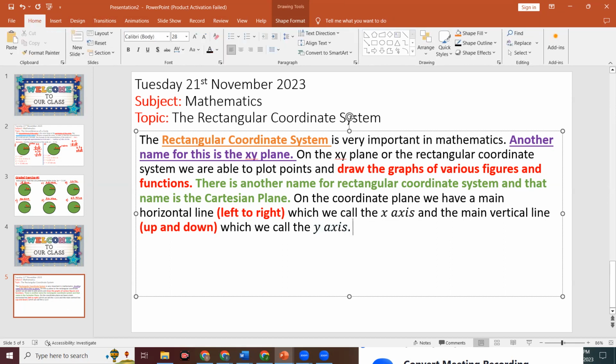All right. A point on the rectangular coordinate system has an x coordinate and a y coordinate.